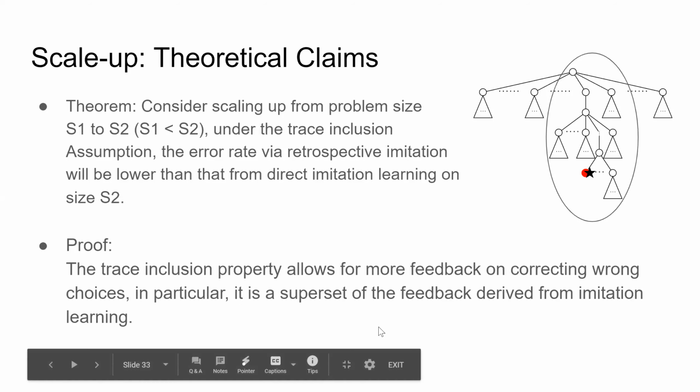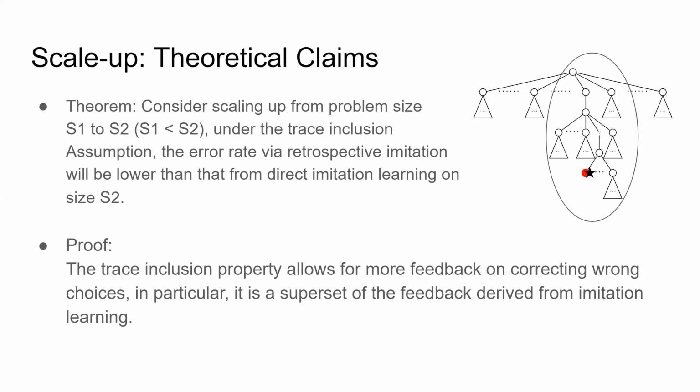So why is this the case? Well, this is where the power of trace inclusion comes from. Imagine the feedback we get in terms of ranking pairs for the retrospective imitation. Because the search tree we generate is larger, we're going to collect more feedback than just collecting feedback from the subset of the search tree where the expert can provide.